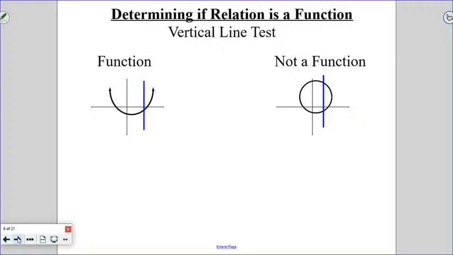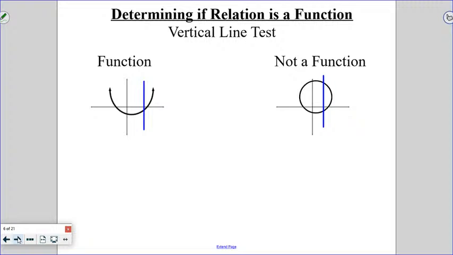Vertical line test. This is what we use for a visual if we have a graph to look at and we're asked to decide if it is a function. So given a relation, deciding if it is a function or not a function, we would run this vertical line through it. If our vertical line will only ever hit our graph at one place, it's a function.